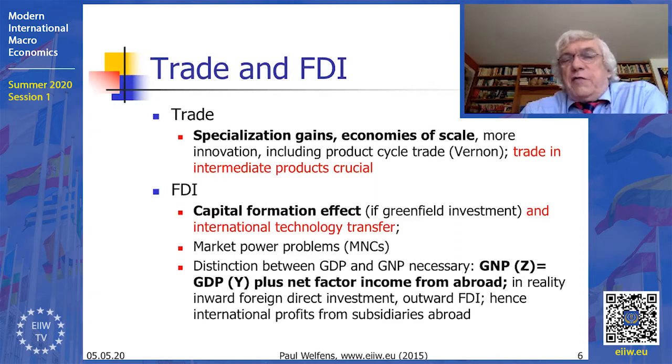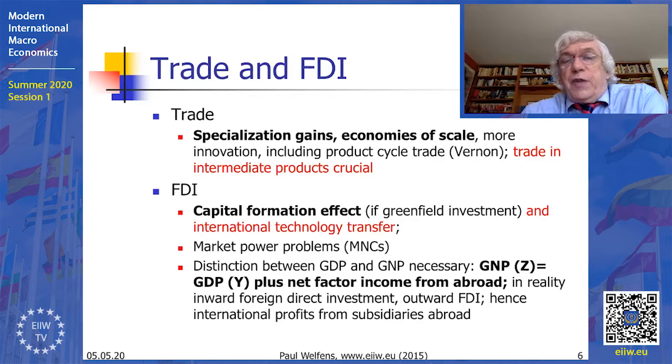So net factor income from abroad would simply be the two effects: you get profits accruing from the subsidiaries abroad, and you transfer profits as you have subsidiaries of foreign multinationals in the country.